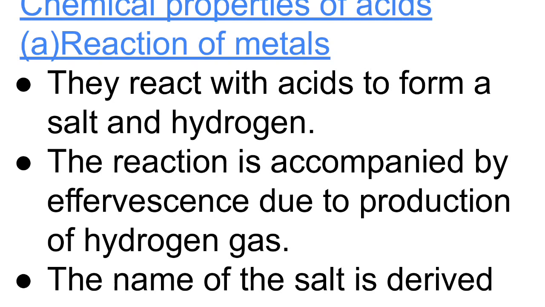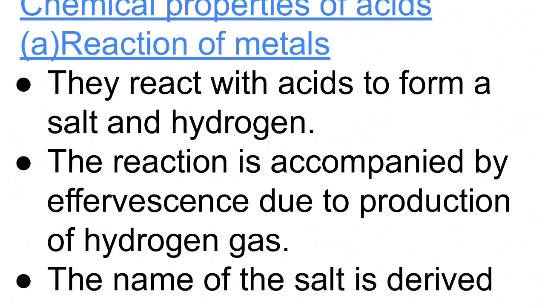The reaction is normally accompanied by effervescence due to production of hydrogen gas. Effervescence means the bubbling of a solution. So you will note that there are bubbles forming until the reaction is complete. So that gas which is produced whenever an acid is reacted with a metal is hydrogen gas.